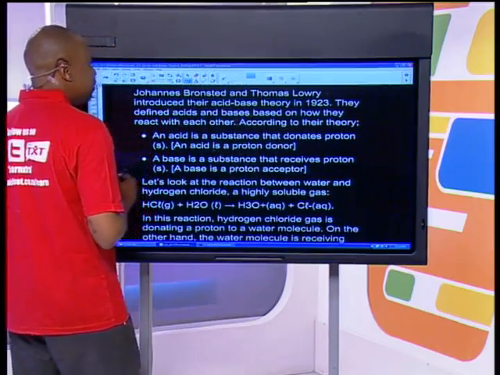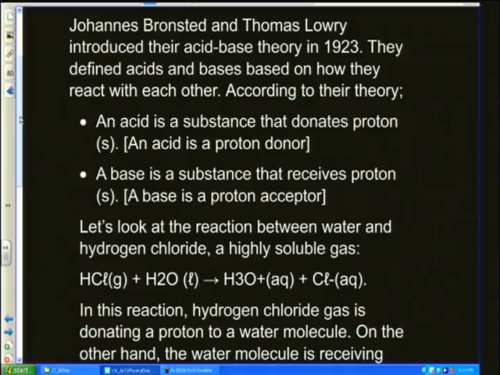The two scientists, Bronsted and Lowry, introduced their acid-base theories around 1923. So you can see it was quite a few years after Arrhenius introduced his, about 36 years after Arrhenius theory, that they came up with their acid-base theory.